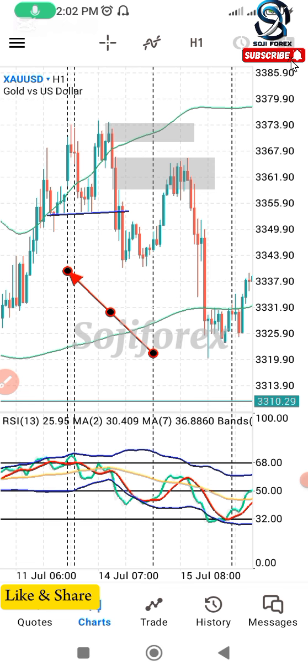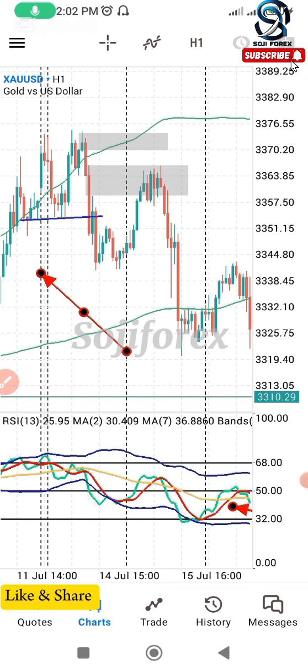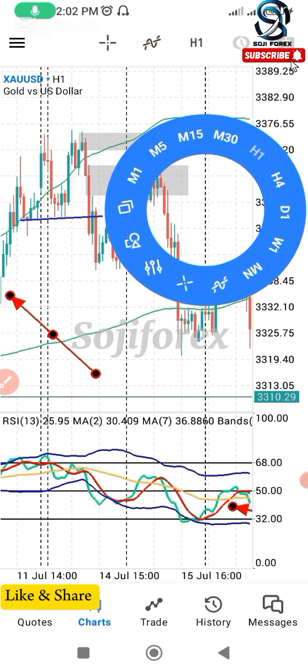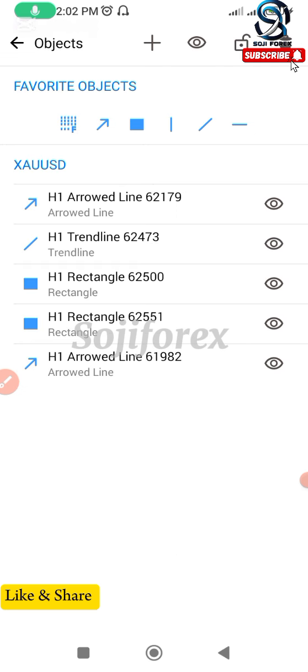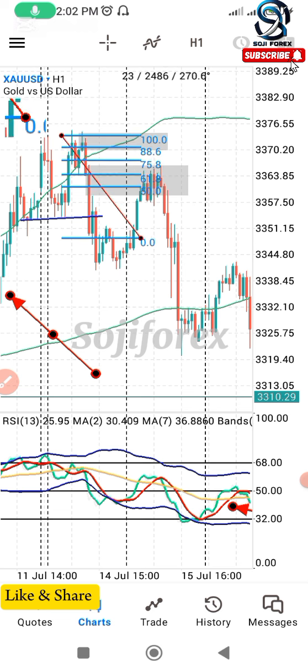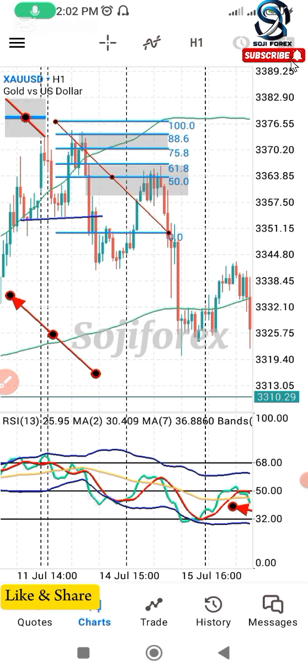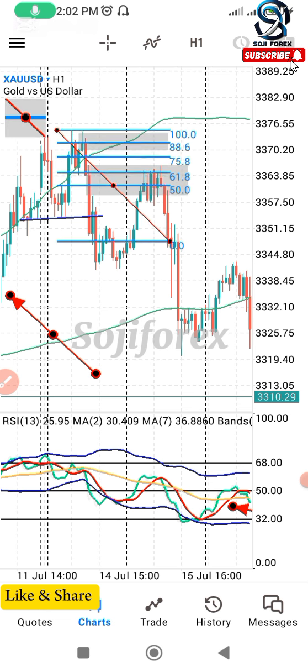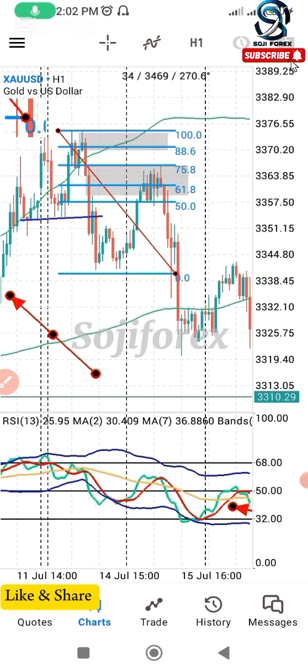So now that I have done this, I'm taking you through the process of trading. Now I can confirm, is this area my premium zone or my discount zone? This is a downtrend. Is it a premium zone? Because I want my stop loss to be small. I don't want to be selling at a very low zone.